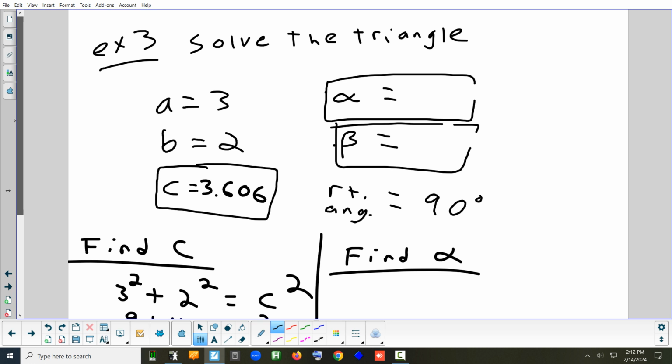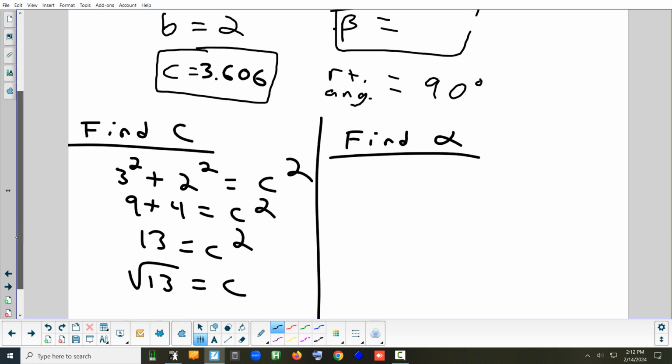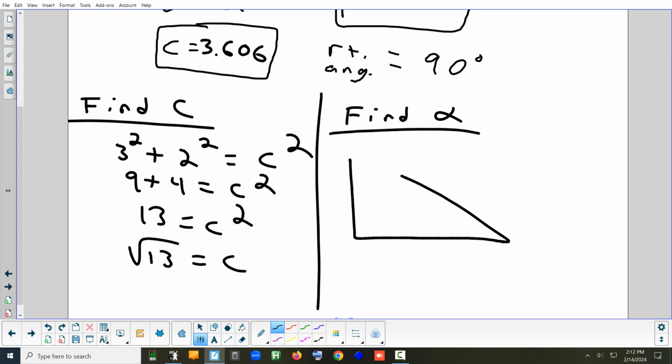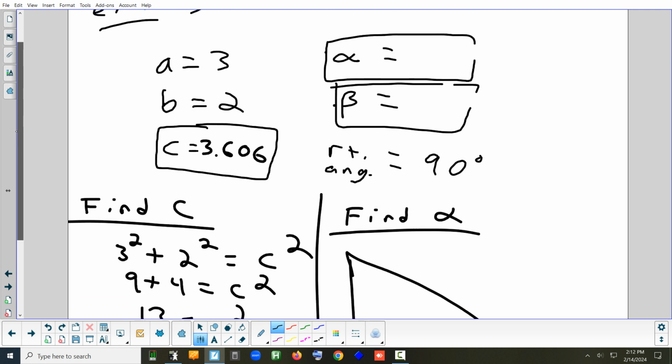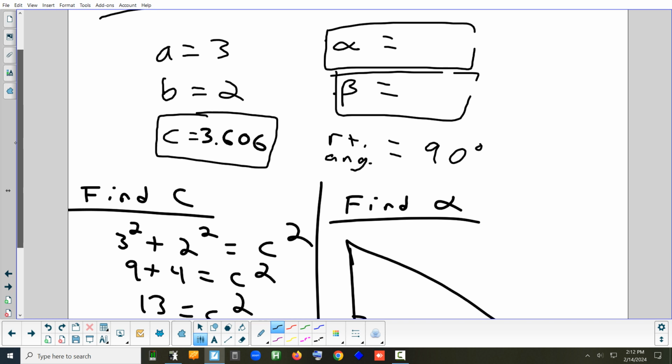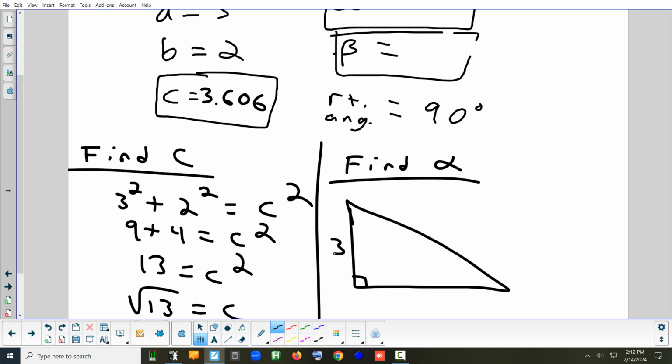So we really need a picture. How much is side A? 3. We always put that side here. How much is side B? 2. I'm not going to put side C in the picture because we didn't know that.